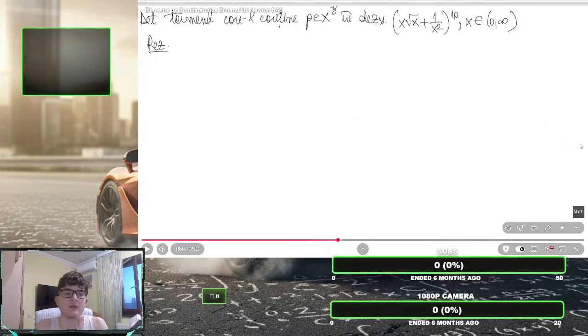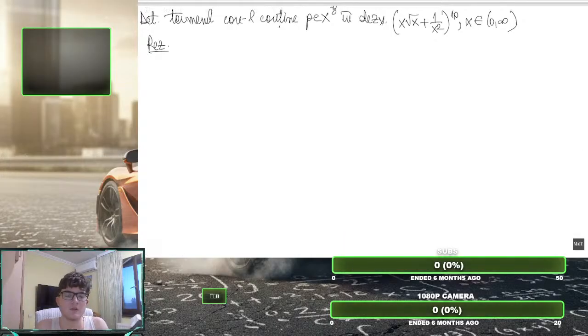Okay, so we got this. Find the term that contains x to the power of 8, essentially, in this expansion. Okay, so right here, we know the k and stuff.